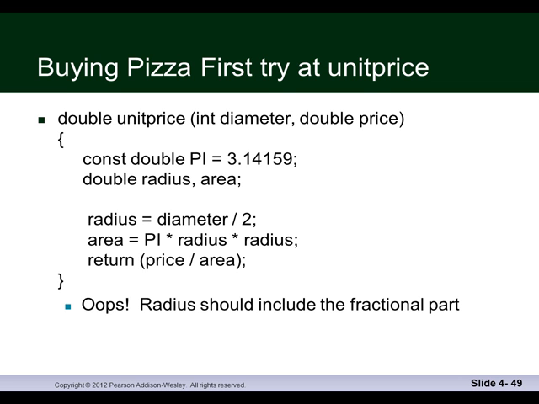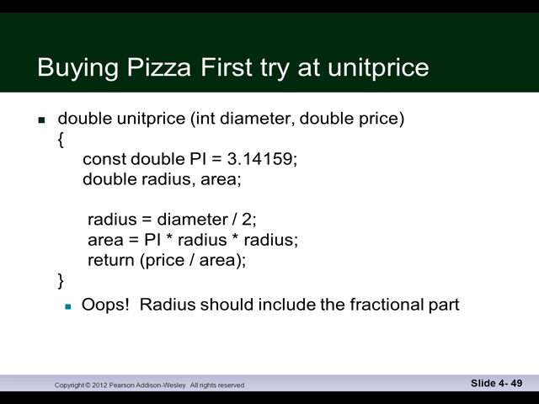What does it say on the bottom? What does that mean? What type is the diameter? Diameter is integer. 2 also is integer. Integer divided by integer is not going to give me a double, it's going to give me an integer.